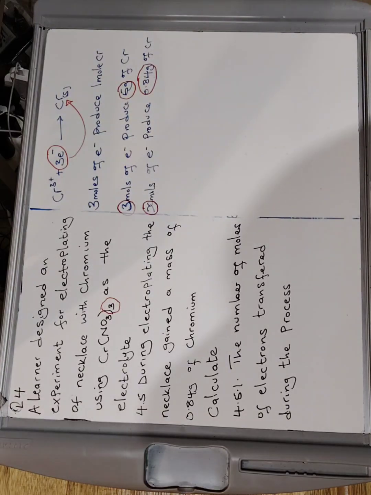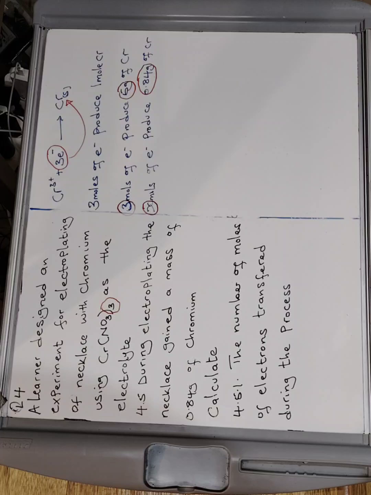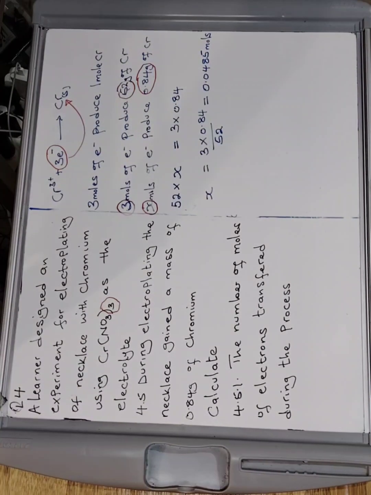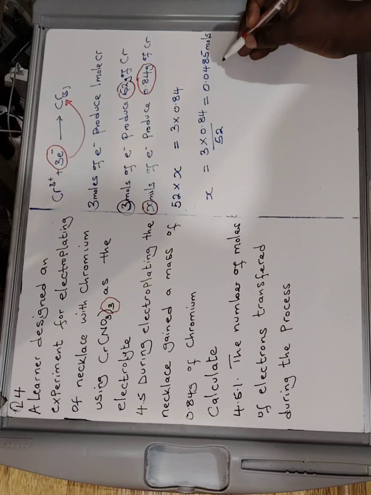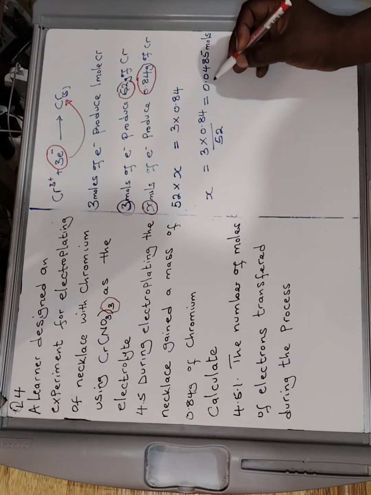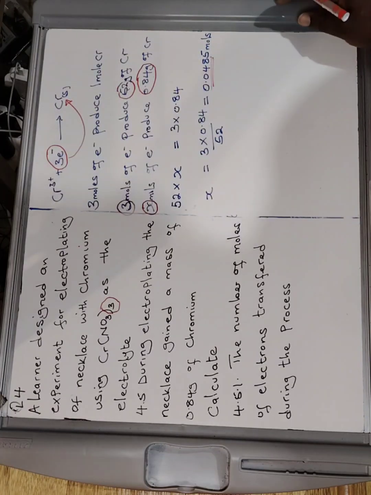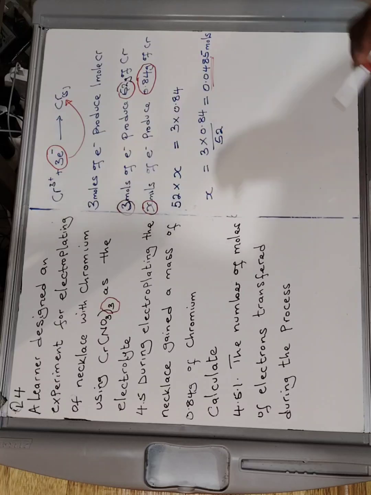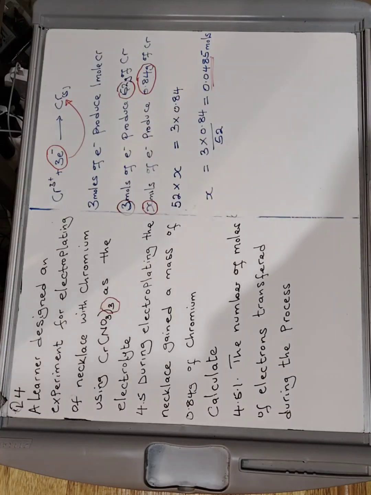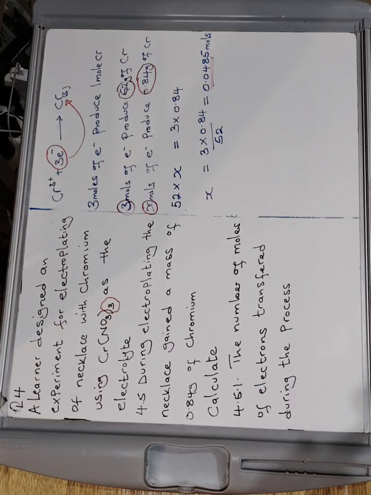We cross multiply, and our X can be calculated. After cross multiplying, we get the number of moles of electrons as 0.0485 moles. Okay, so let us now see the next question.